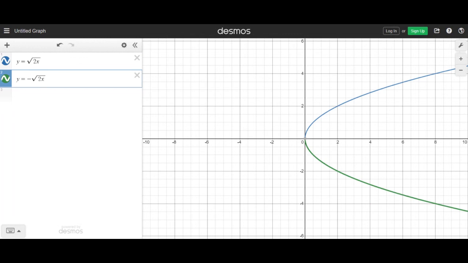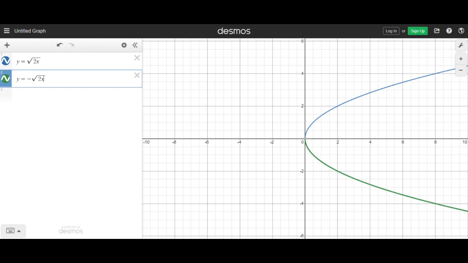So let me go ahead and, on my notes, I'm going to sketch that. Let's go through the point 2, 2 up here. So I'm going to try to make sure I hit that point. And then down at the bottom, it goes through to negative 2.